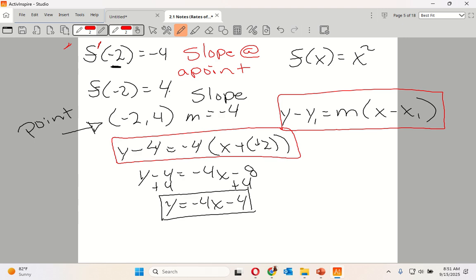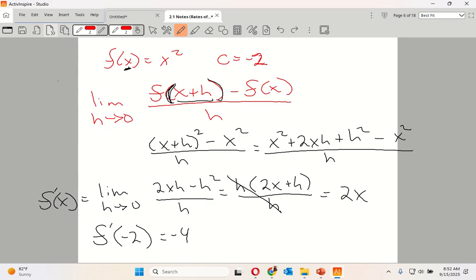It's the slope. So right here, this is a slope at a point. But if it just says f prime, so this is the equation of the tangent line. To get the equation, to find the slope. So then the f prime is just the slope, and then you plug it into the point slope form to find the actual equation of the tangent line.